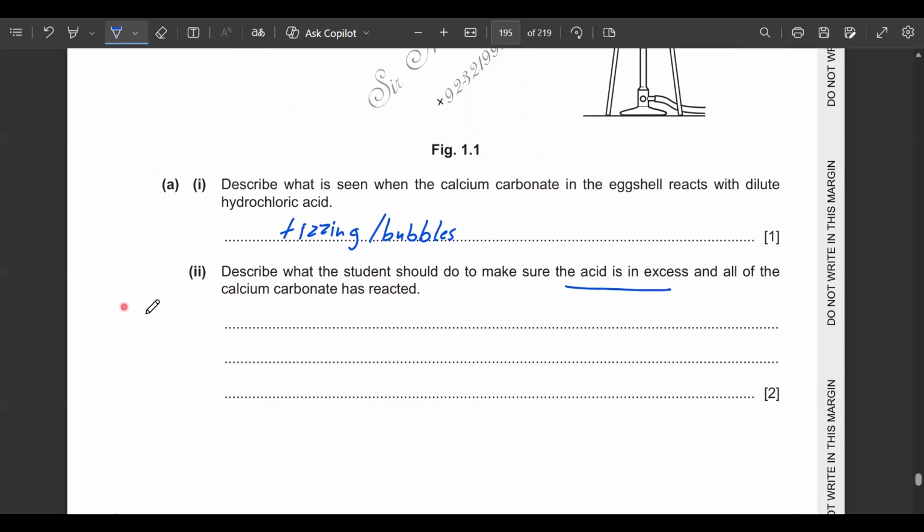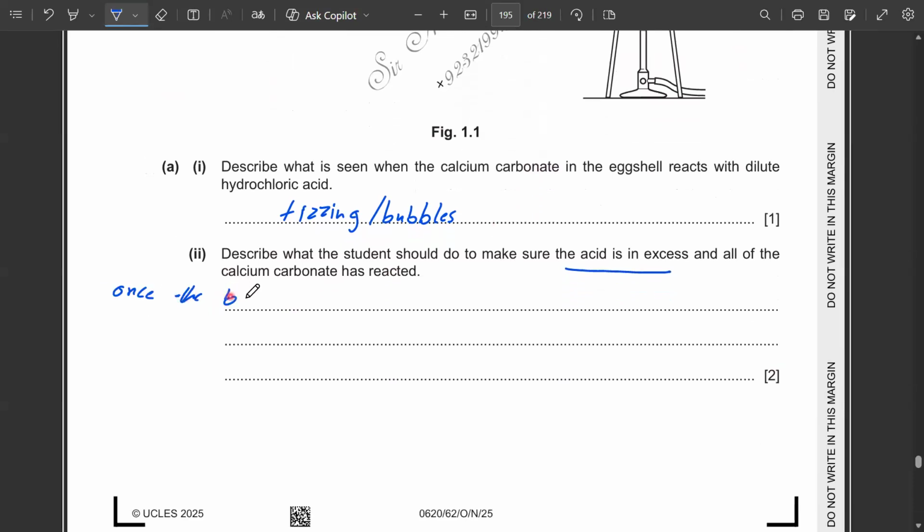Once the bubbles stop producing, you can add more HCl. And if no more bubbles are produced, then it confirms you had already added the excess, and the excess acid was already used.